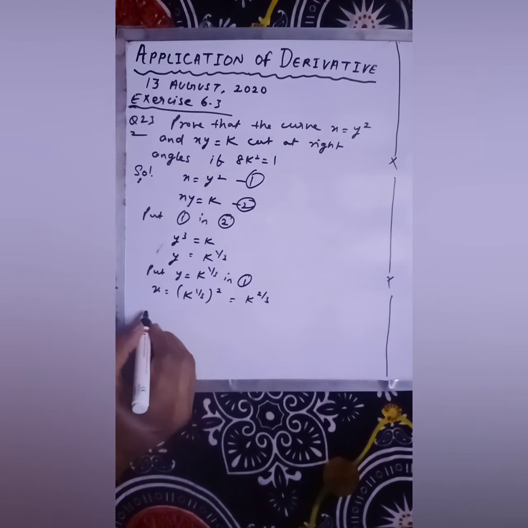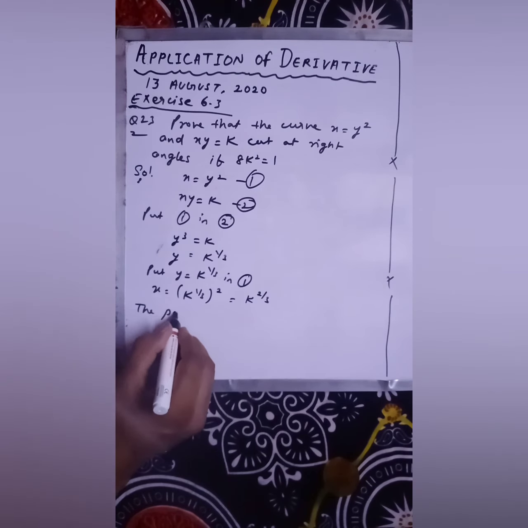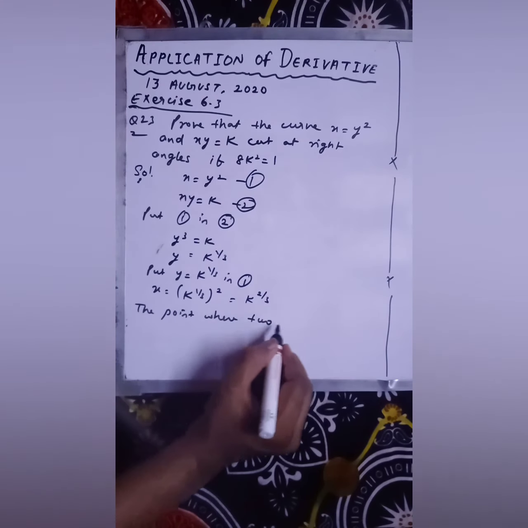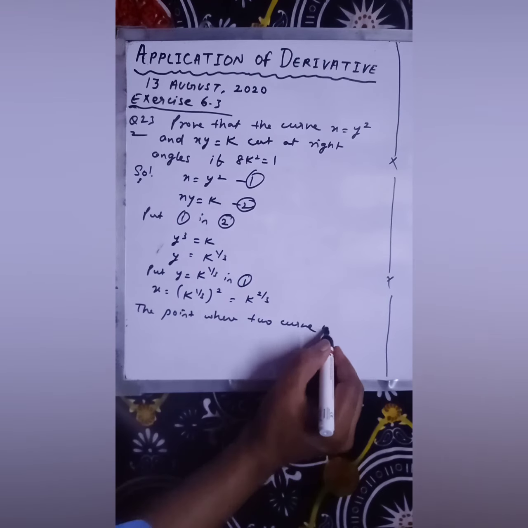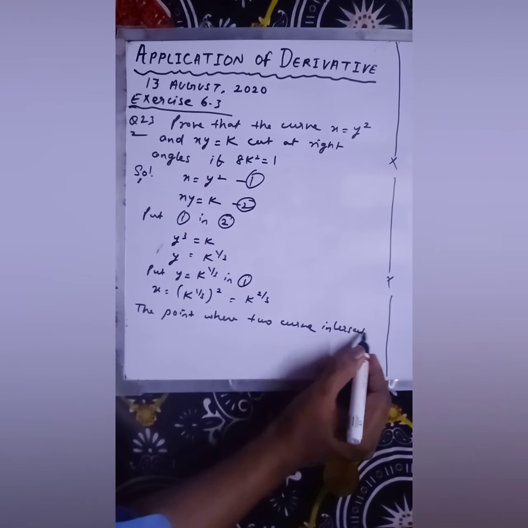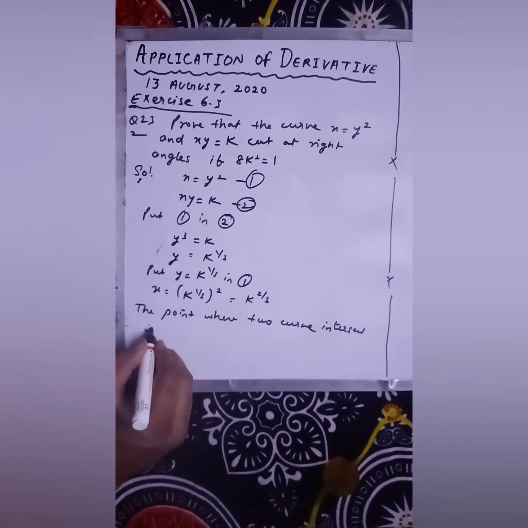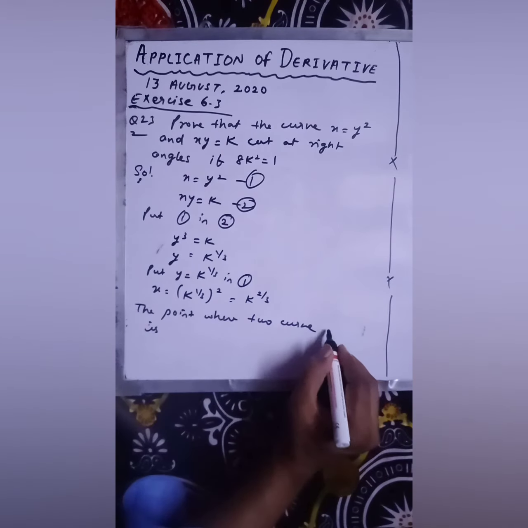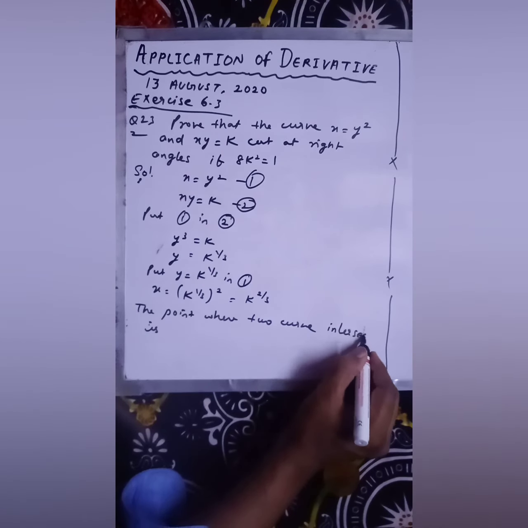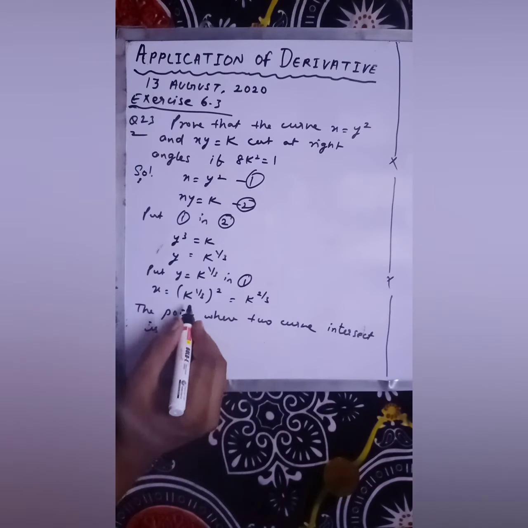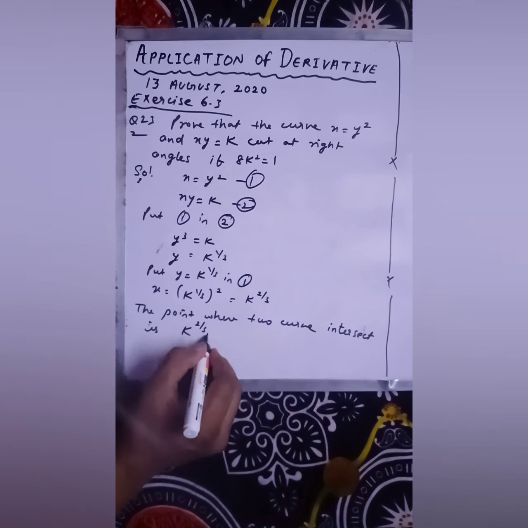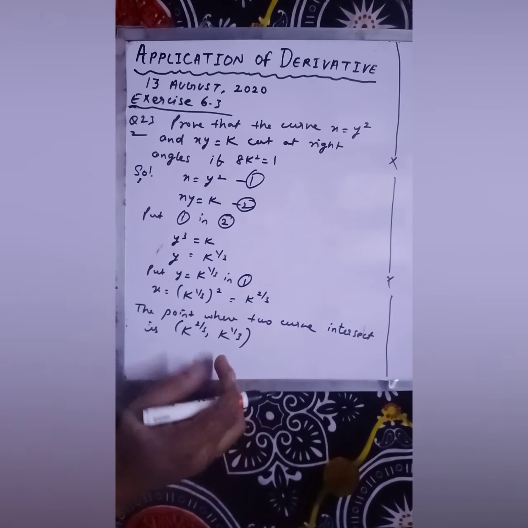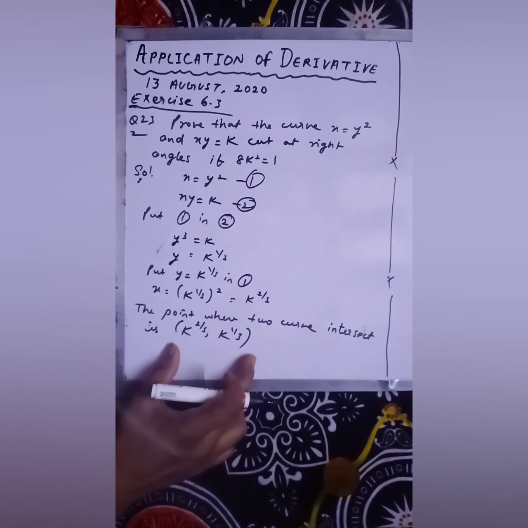Hence, the point where the curves intersect is the value of x is k raised to power 2 by 3 comma k to the power 1 by 3. This is the point where two curves intersect.